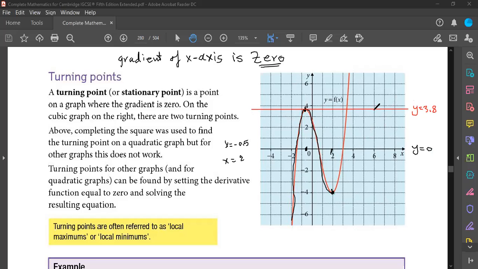If I took 2 points with the same y for both of them, y1 3.8 minus y2 3.8 divided by the difference in x, that's 0. So any line parallel to the x axis implies that the gradient is 0.